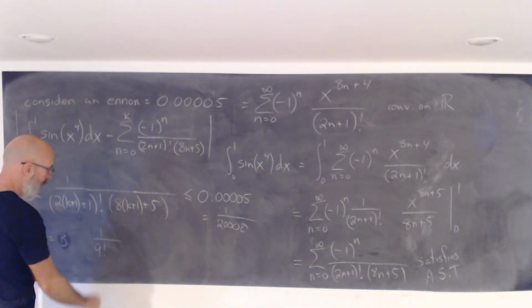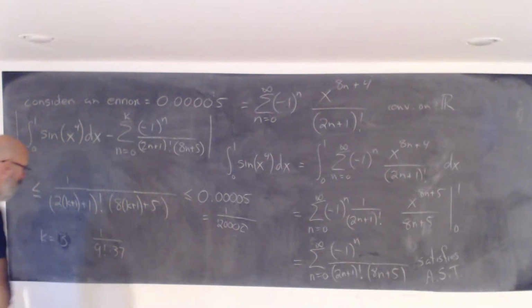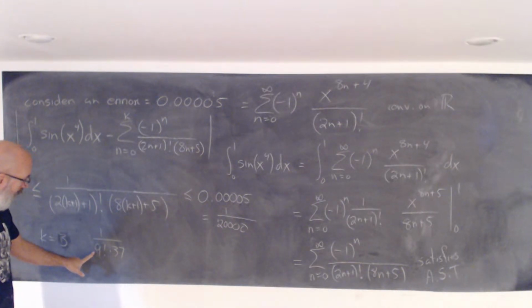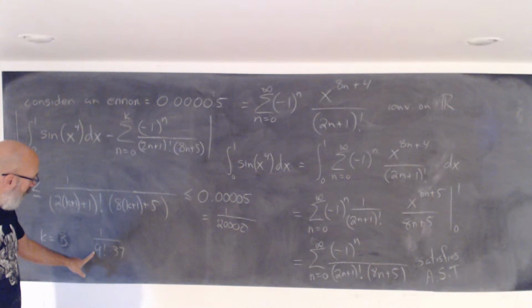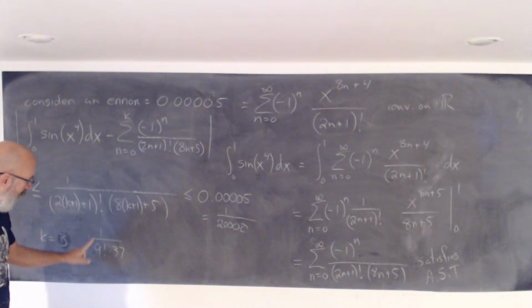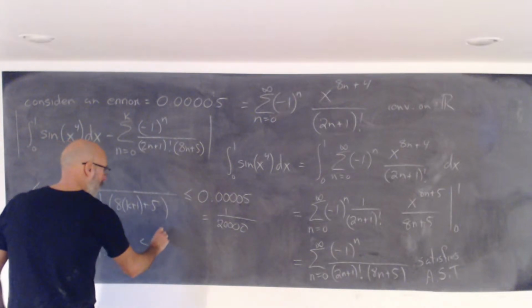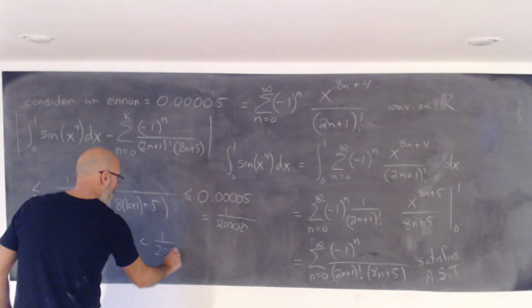That is very big. 5 factorial is 120. 6 factorial is 720. So it's 720 times 72 times 37. That's certainly less than 1 over 20,000.